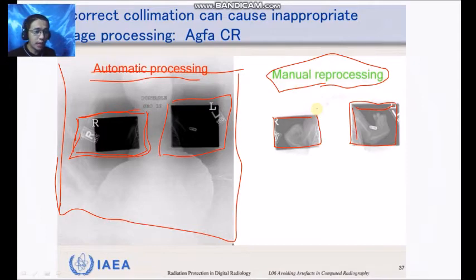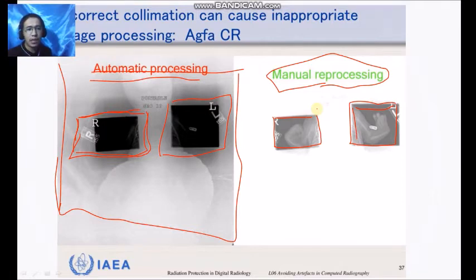Okay, so one of the advantages other than cropping of the images, we can also adjust the contrast and density of the images. Now, similar to your pictures, that you can adjust the contrast and then the brightness, diba? The contrast and brightness of the radiographic images in CR and DR can also be adjusted.